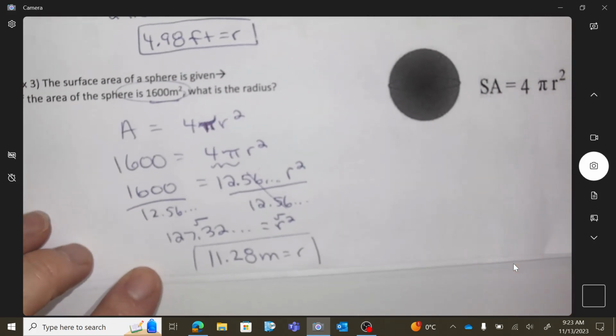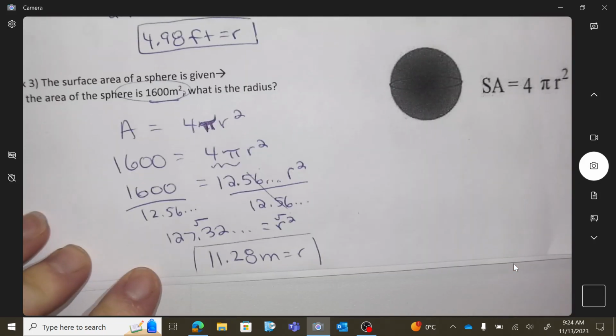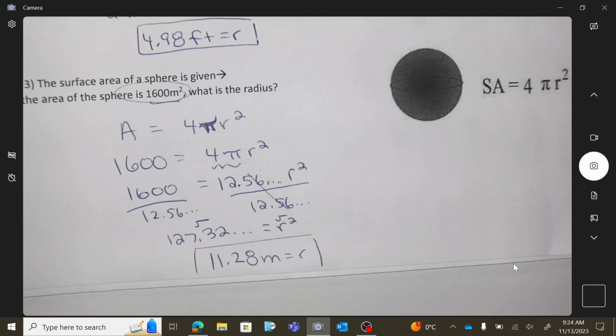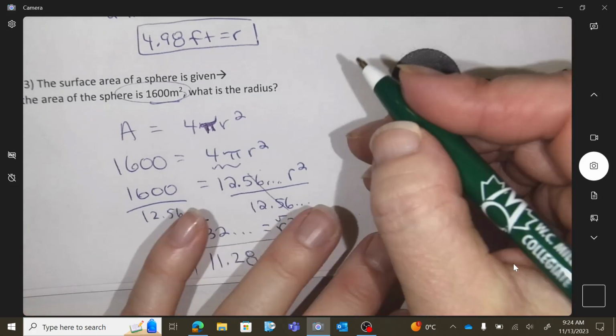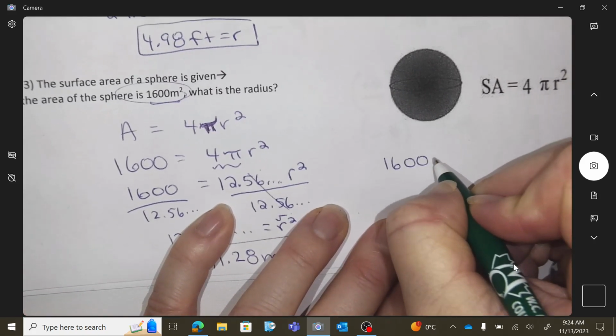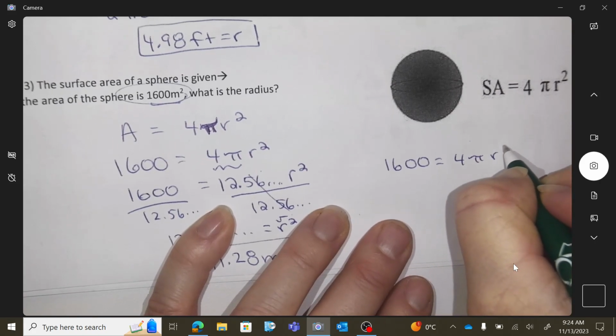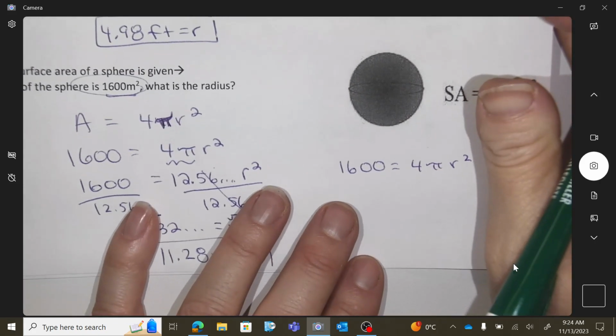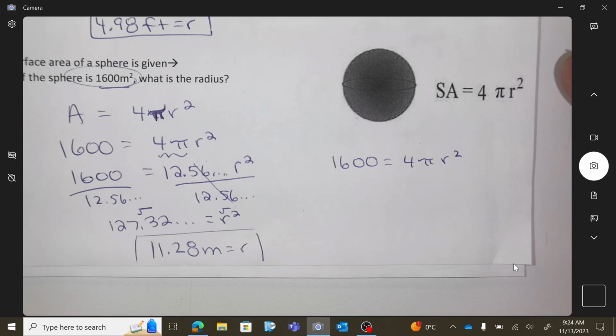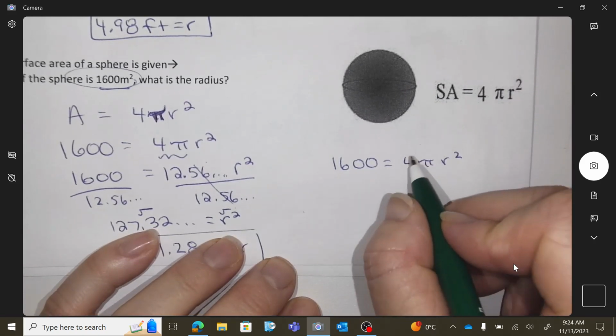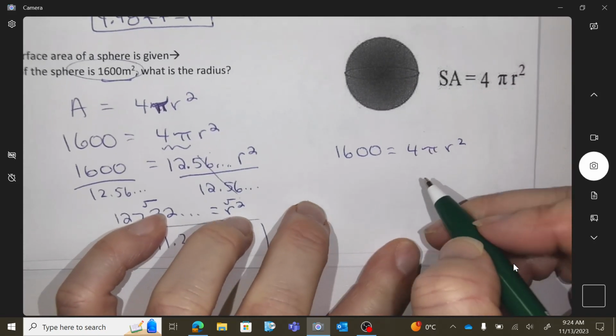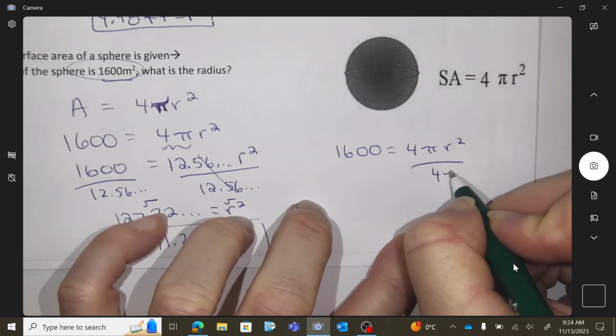Okay, so I'm going to show you this. It's just a different way to do this. It's just a little bit more of a sophisticated thinking about it. So what I could do is I could divide by 4 pi, right?